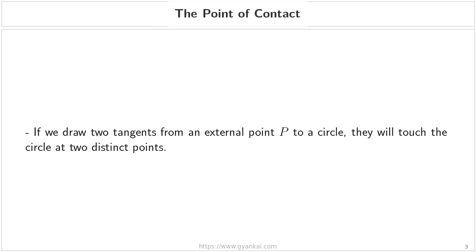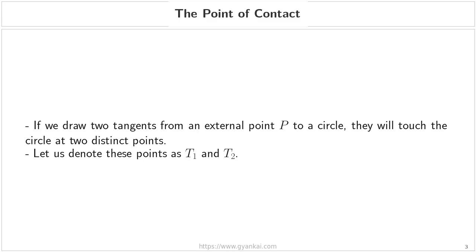Now that we understand what a single tangent and its point of contact are, let's expand our view. As we mentioned in our first slide, if you start from that same external point, which we've labeled as point P, you can actually draw exactly two tangents to the circle. Because these two lines approach the circle from slightly different angles, they won't touch the circle at the same spot. Instead, they will touch the circle at two distinct, separate points.